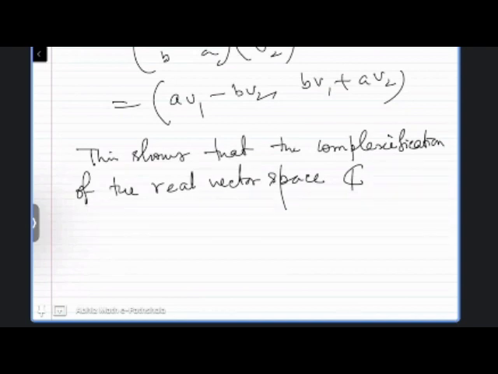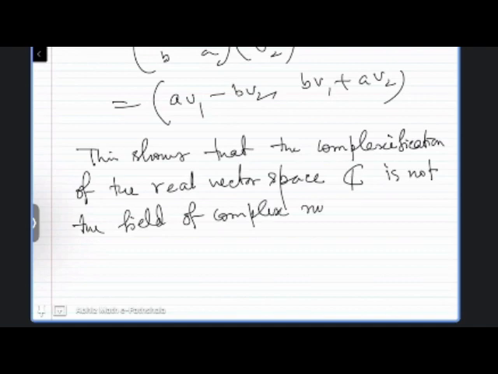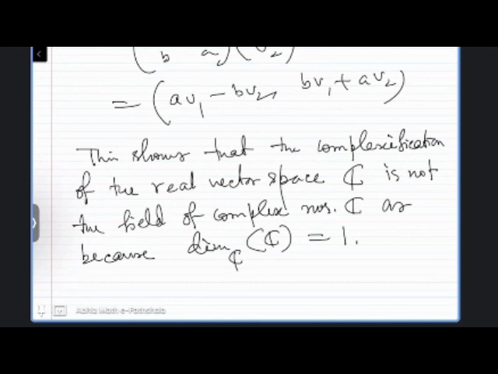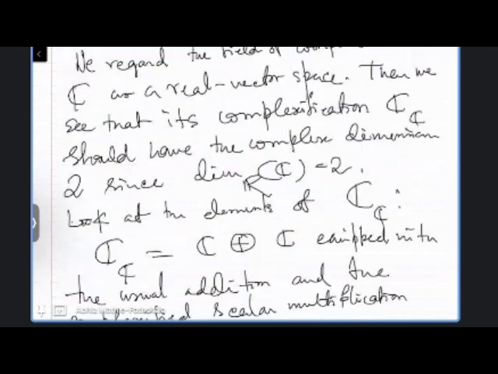So therefore, the complexification of this real vector space is not the field of complex numbers, because why? Because the dimension of C over C, what is that? This is 1. Dimension of C over C is 1.